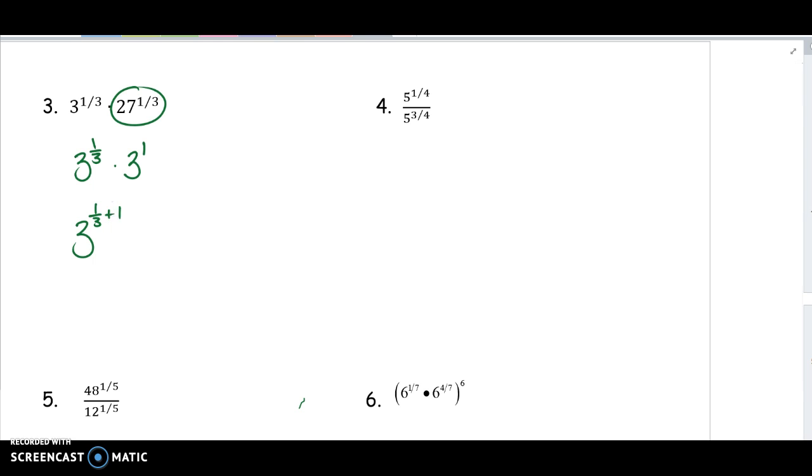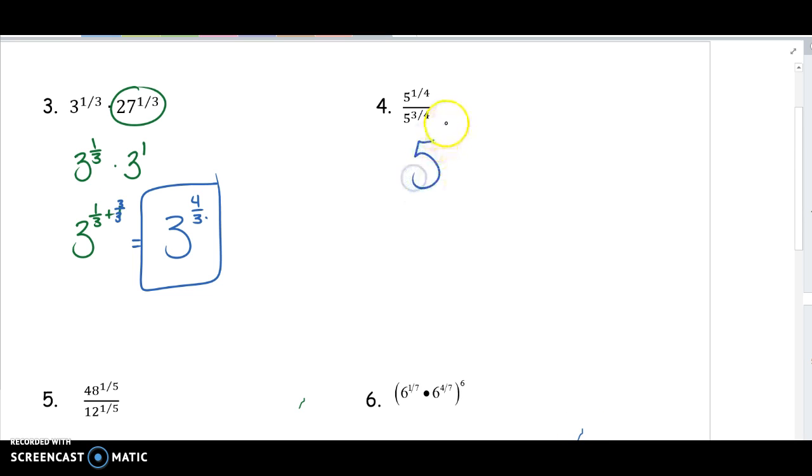Again, you can use your calculator for the fractions, or many of you know that 1 is the same as 3/3. So this is 3 to the 4/3. Again, check your denominator. Can we do the third root of 3? No. So that's our answer. Number 4, we're dividing with the same base.